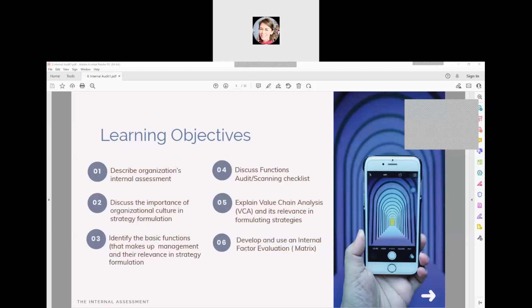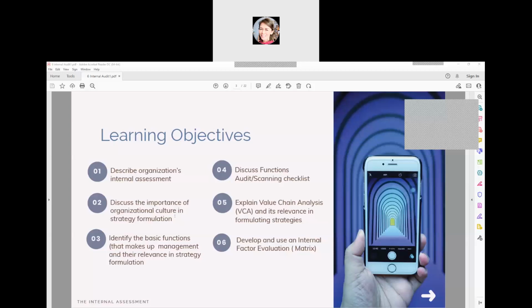When you read it, make sure you're able to answer them: describe the organization's internal assessment, the importance of OC in strategy formulation, identify the basic functions that make up management and how they are relevant to strategy formulation, the audit and scanning checklist, VCA, and IFE.